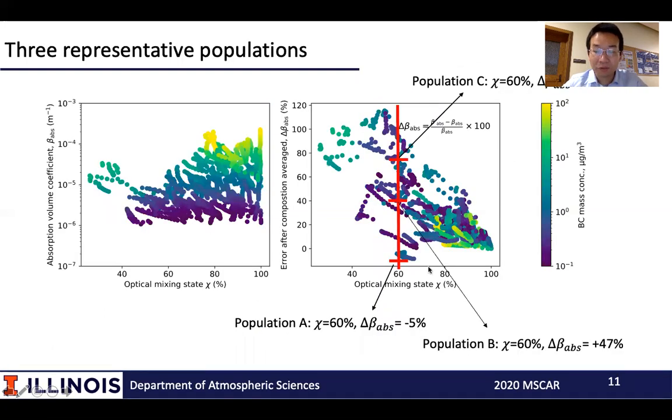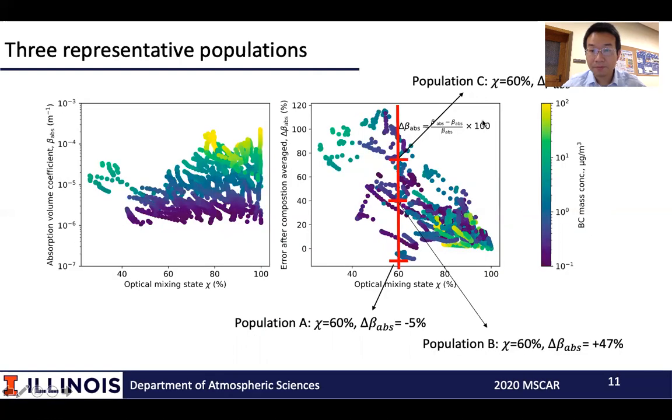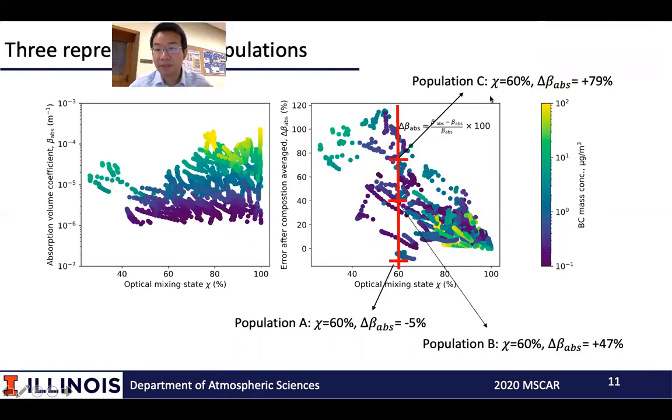Then we take out three populations with the same chi but different absorption error: population A with -5%, population B with positive 47%, and population C with positive 79%.